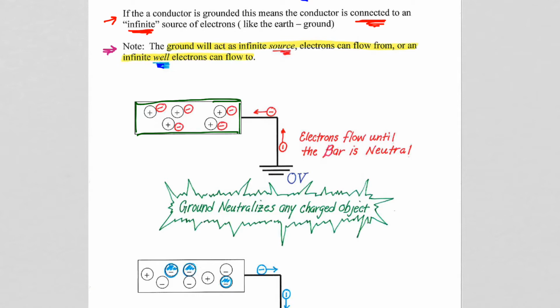So it has a net positive charge and it's just sitting there by itself. When we take a wire and solder a wire to that chunk of net positively charged metal, and we stick that wire into the ground, we have now grounded the conductor.